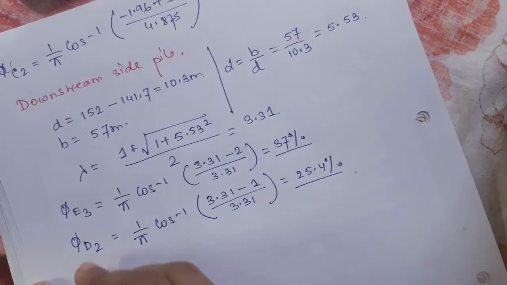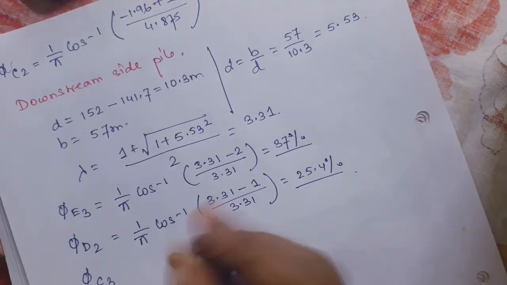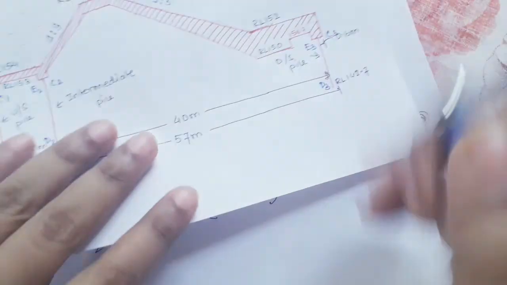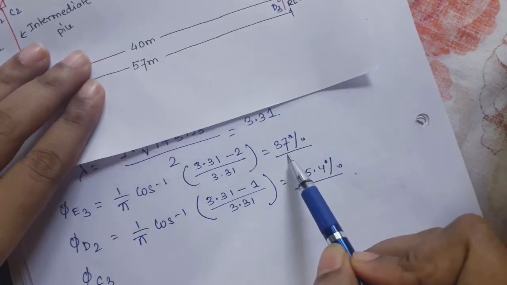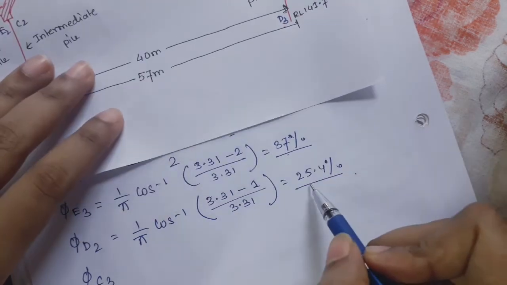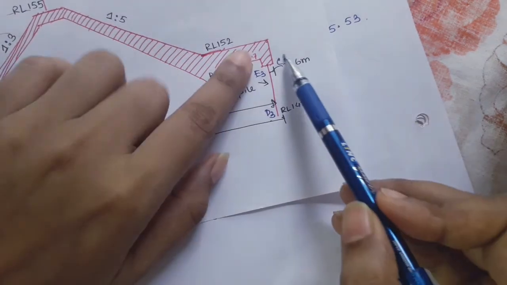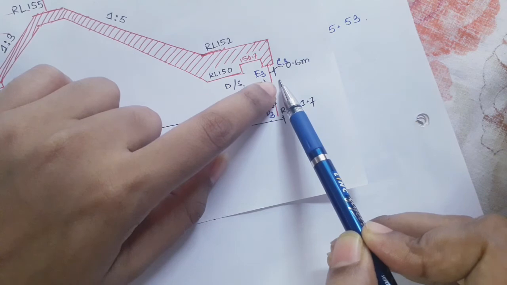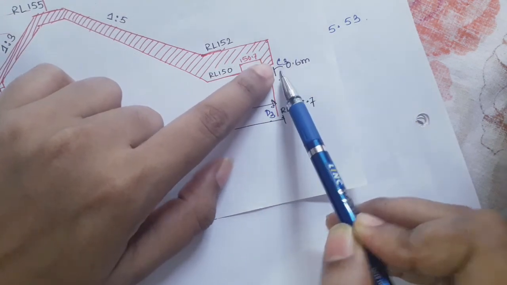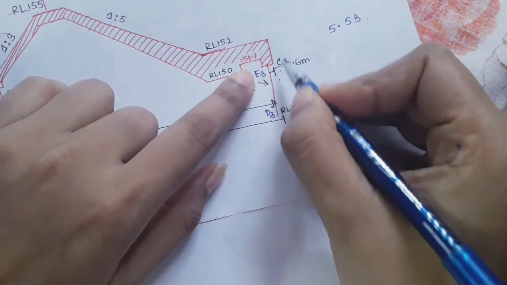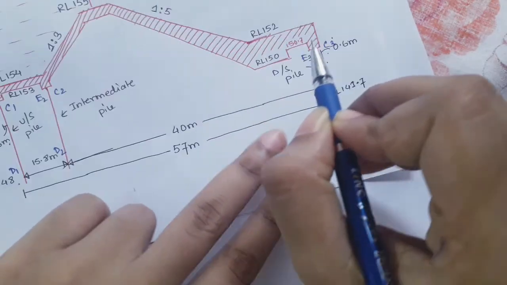And our phi C3. So here we have calculated that the E3 point is 37%, and the D3 point is giving me 25.4%. So tell me, what will be at the point of C3? Well, you are right. At the point C3 the pressure will be 0. When the water comes out here, there will be no pressure, the minimum pressure, the least pressure.